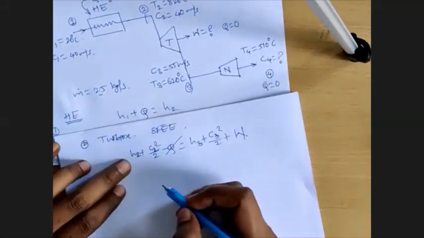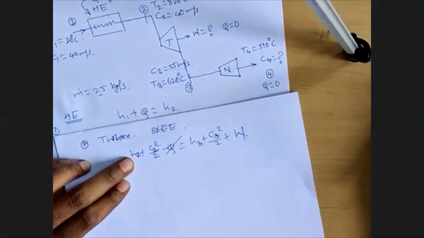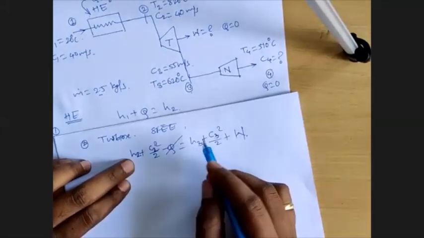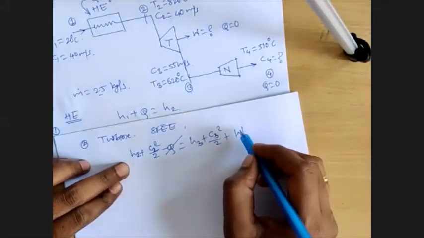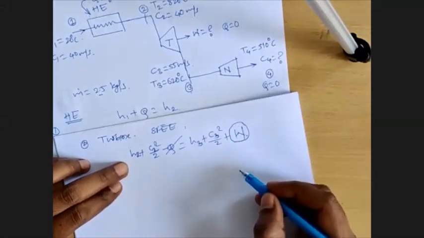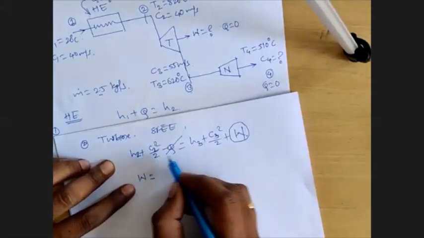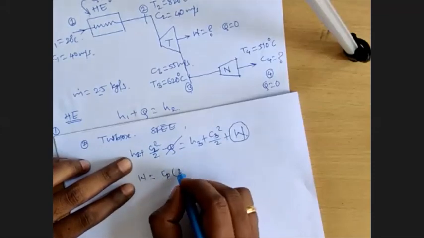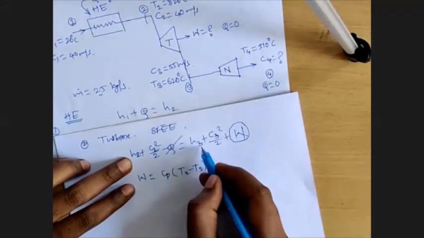Okay, so let's put the values now. H2, H3, that again we need to take in terms of Cp into delta T. We need to find this W. We have been asked to calculate the power output. So W is equal to H2 minus H3. So Cp into T2 minus T3, because we are taking H3 to the left.